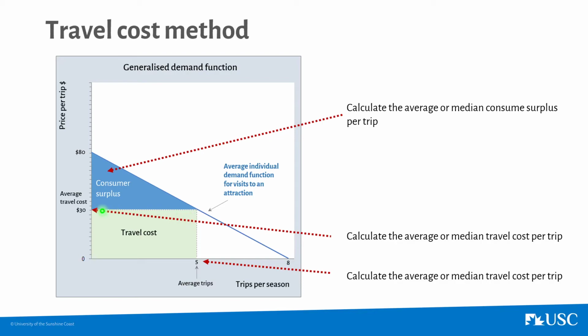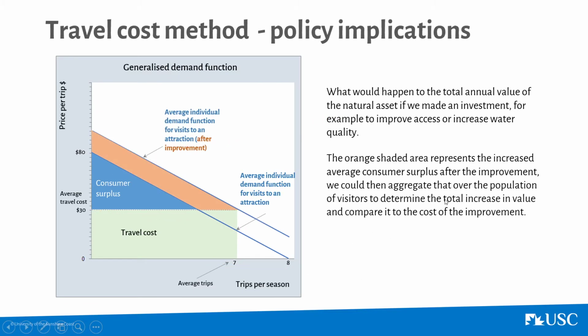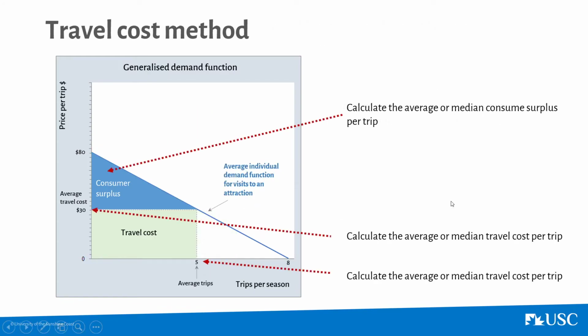So that allows us to calculate these travel costs, but more importantly, it allows us to calculate this consumer surplus. So now I'm back to that very end step that I described earlier on in the video. That's what we're after, coming up with a per trip consumer surplus. And once we have that, we're able to apply that consumer surplus to the wider number of visitors that are recreating at that beach.